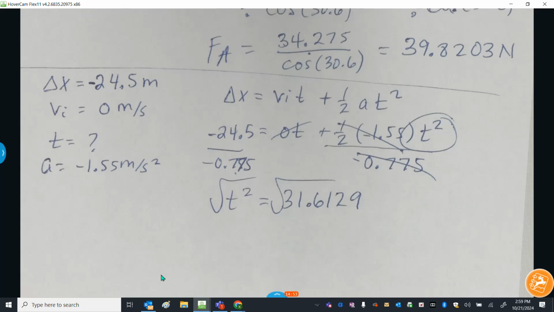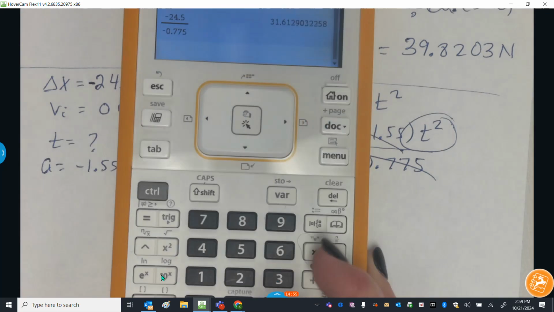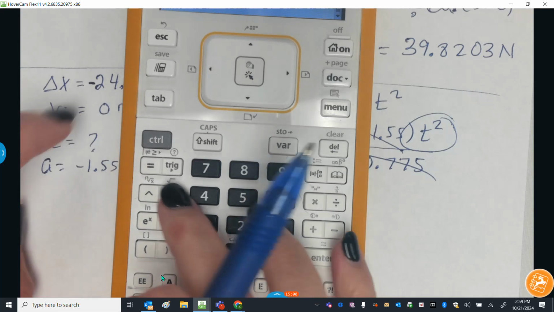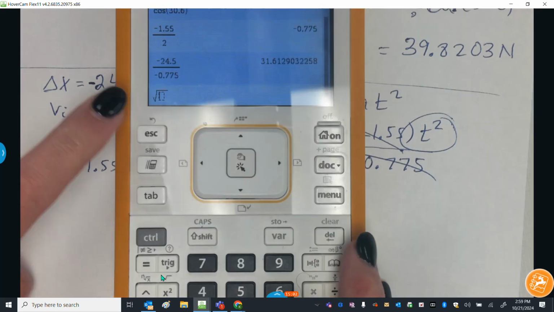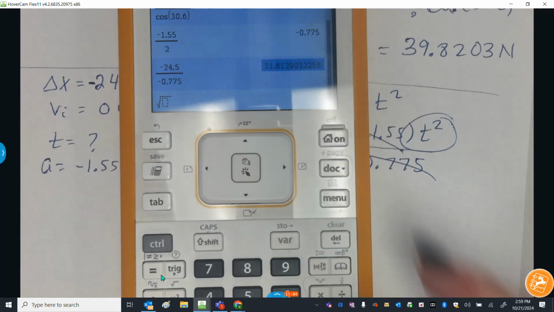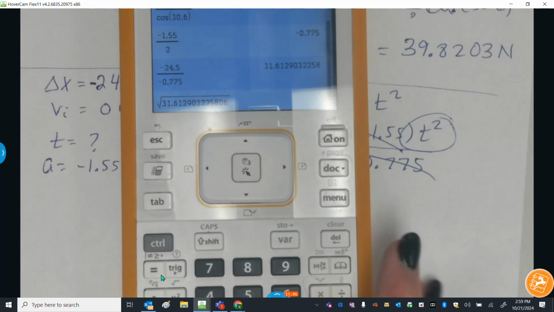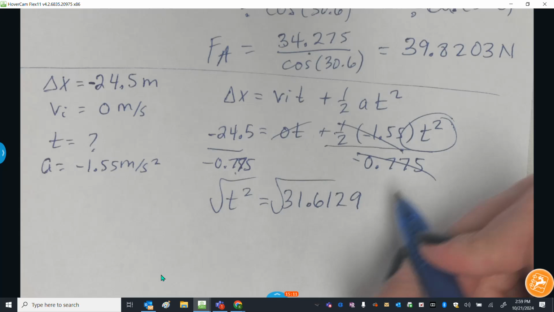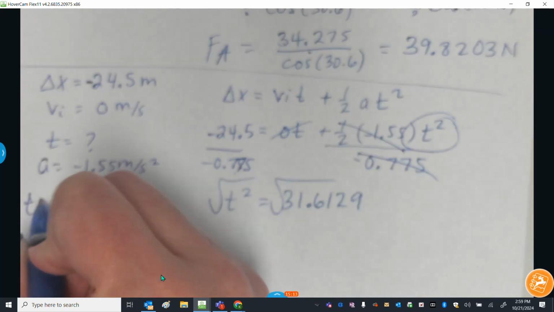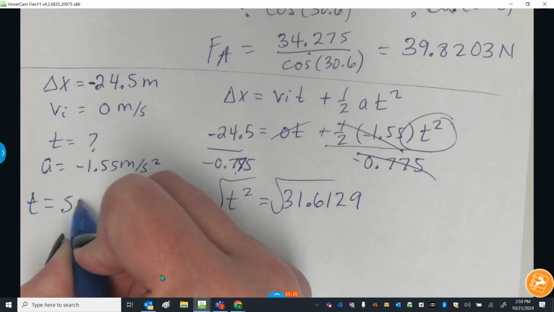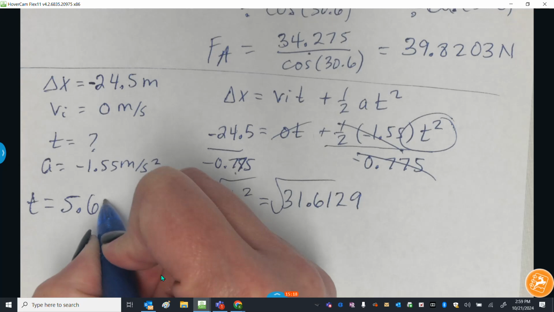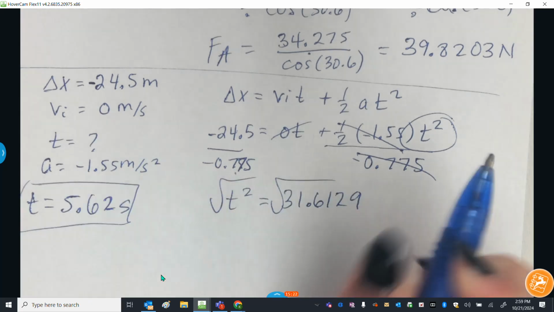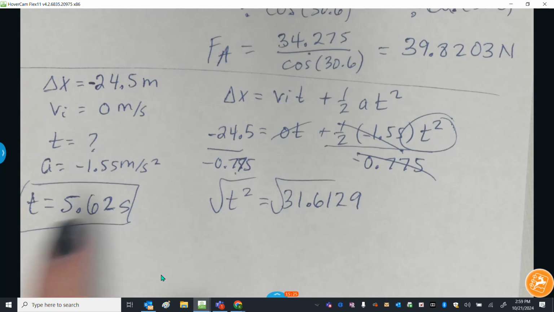The square root button, by the way, on the Inspire is right here. You have to use the control button and then the x squared, and then it'll pop up. Square root of, and again, you can arrow up and press enter, and it'll pull that number down so you don't have to retype it. But square root of that is going to give us a time that is equal to 5.62 seconds if I round it. And so that would be the answer that I would put, 5.62 seconds.